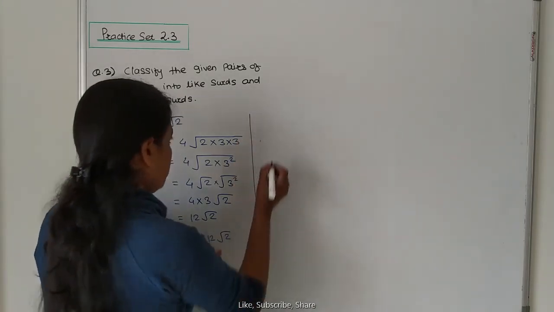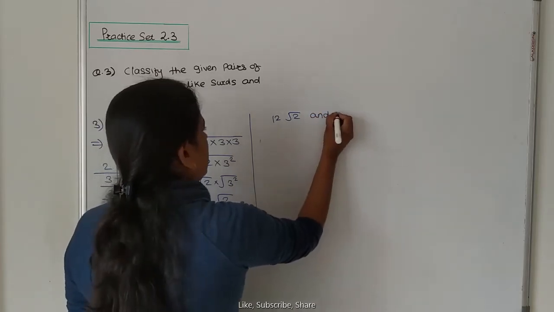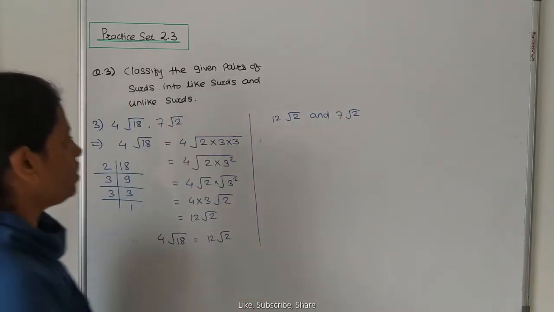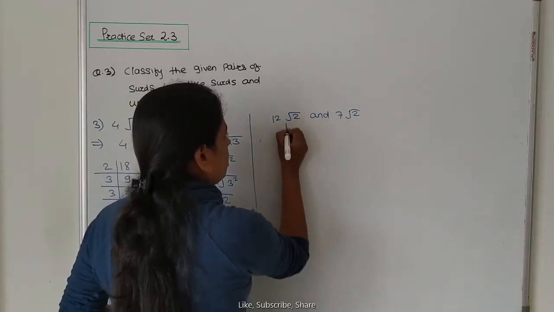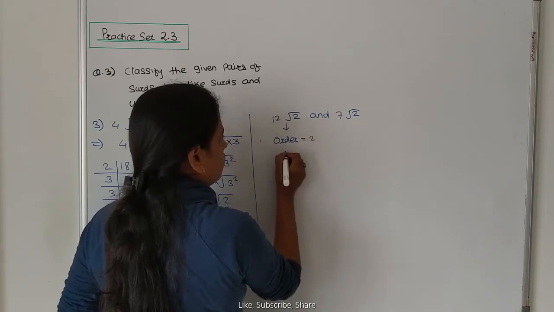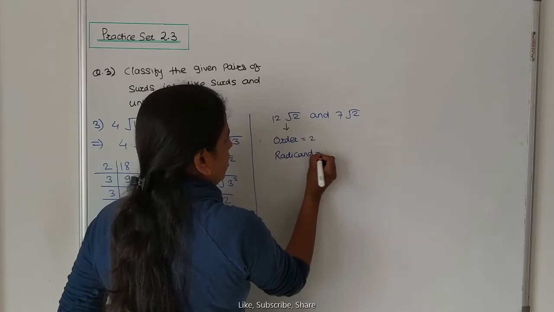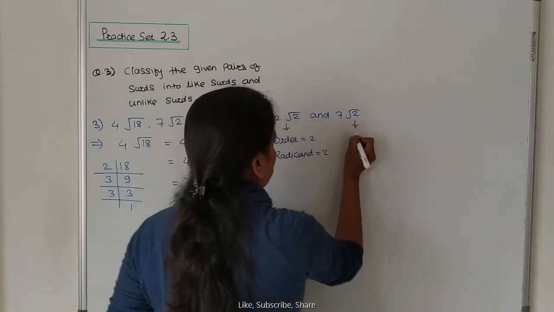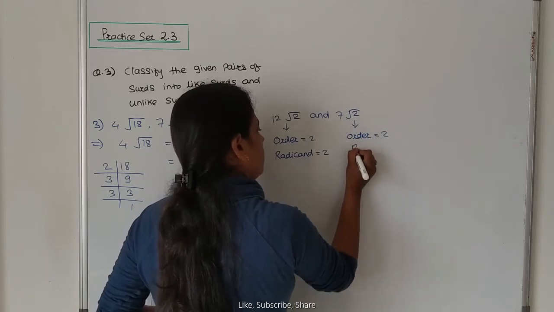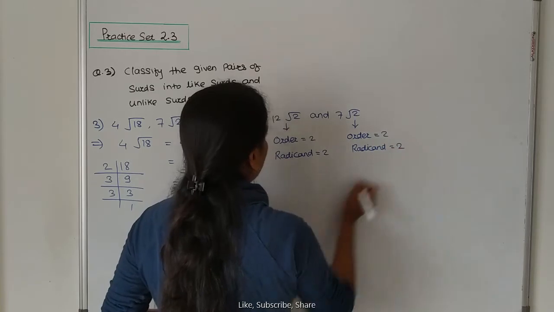Now 12 root 2 and 7 root 2. So we have to compare these two surds. So what is the order for this one? Order is equal to 2 and radicand is equal to 2 itself. Now for this one, order is equal to 2 and radicand is equal to 2.